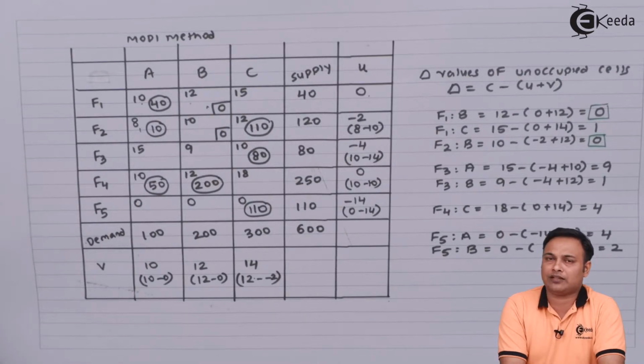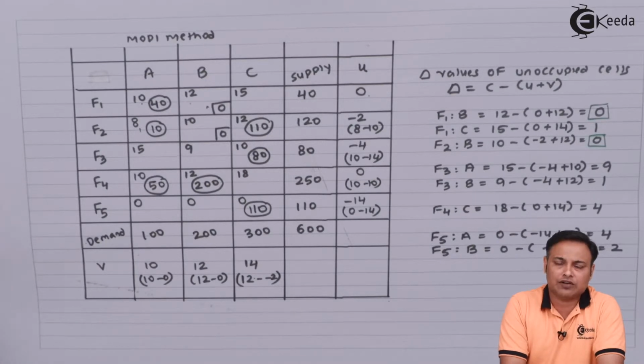We are simply applying the same concept of loop in transportation to get another solution to the same problem. It's not that my present solution is not optimal. It's already optimal. But if the question asks you, does the problem have an alternate solution? So this 0 is the indicator that my problem has an alternate solution. And using this unoccupied cell with a delta value of 0, we will make a loop and find the solution. Let's try.